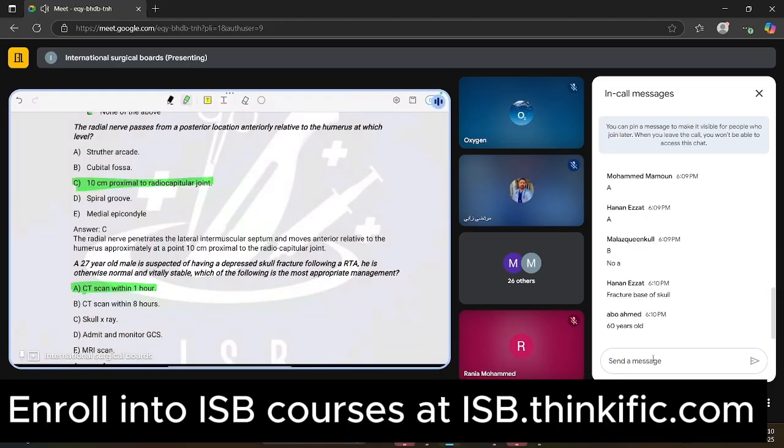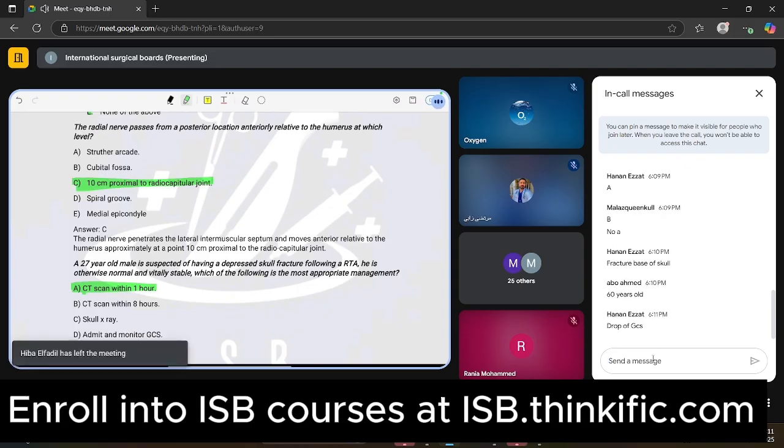Excellent. So, Glasgow Coma scale less than 15, 2 hours after admission. Glasgow Coma scale less than 13 at admission. And you said also depressed and basilar skull fracture and focal neurological deficit.